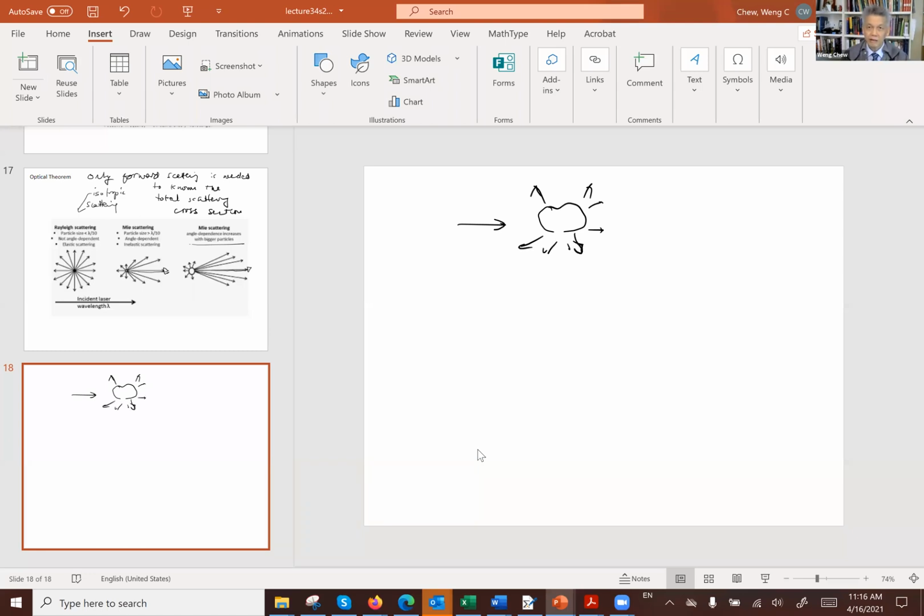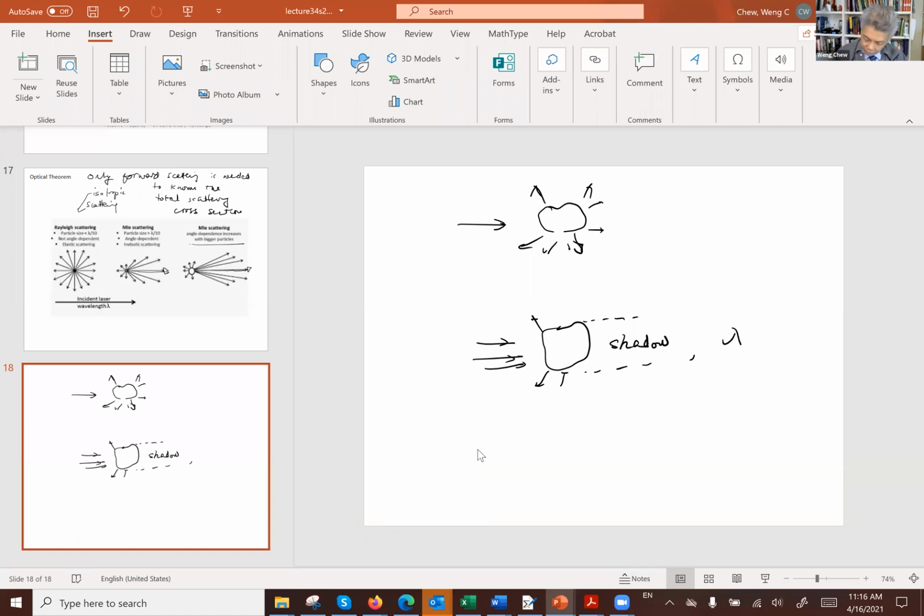However, if the wavelength is very, very short, as you see in optics, the wave comes in, might bounce off, but it will cast a shadow behind the object.